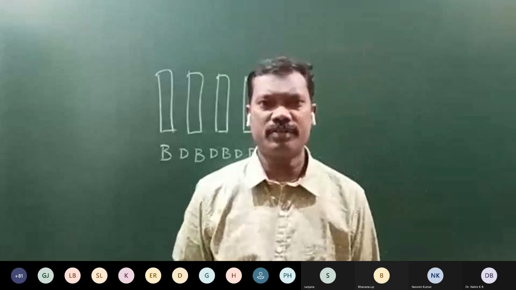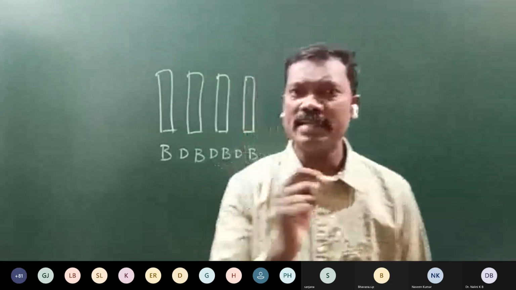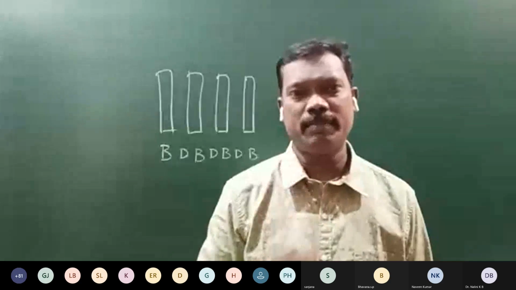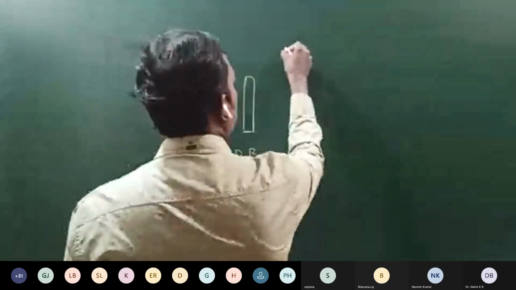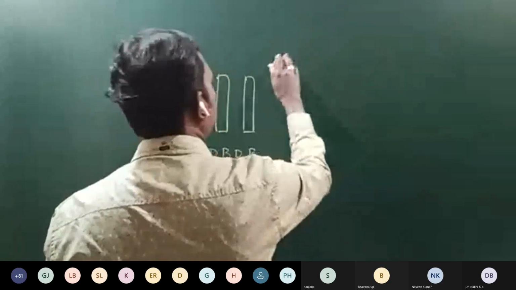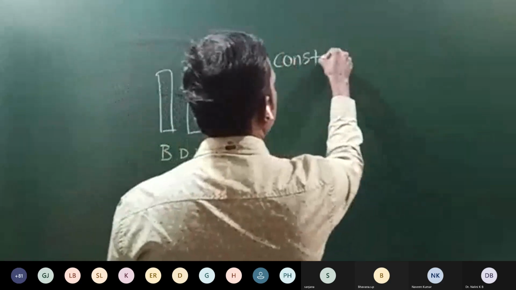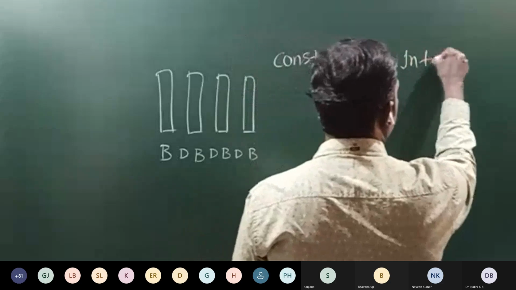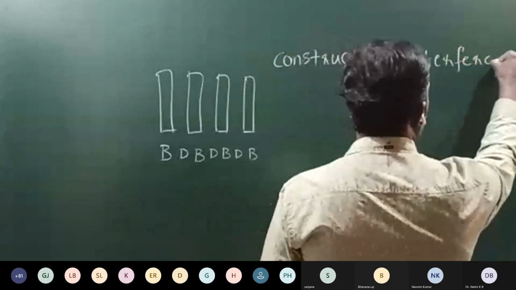What is constructive interference? An interference is said to be constructive if the amplitude is maximum. Remember, interference is of two types: one is called constructive interference, and another is destructive interference.